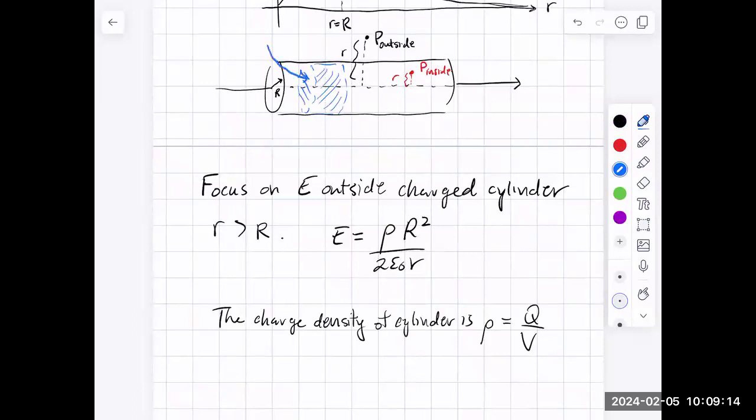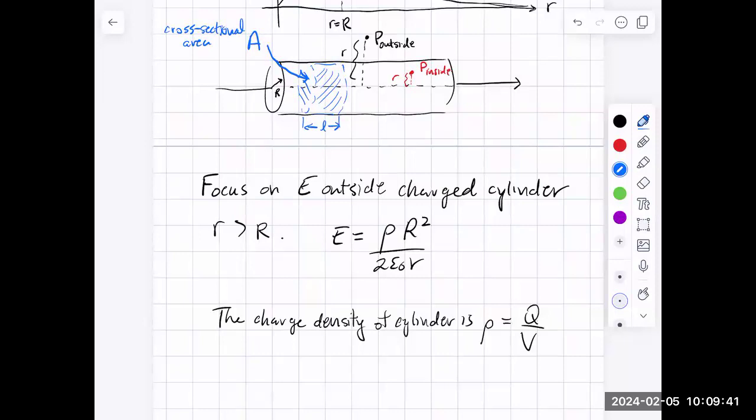So I'm going to say that blue shaded cylinder has a cross-sectional area A, and we'll give it a length L. Okay.